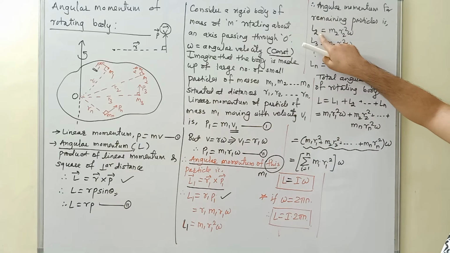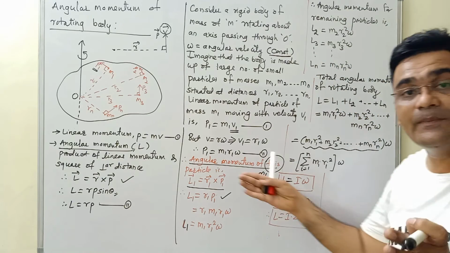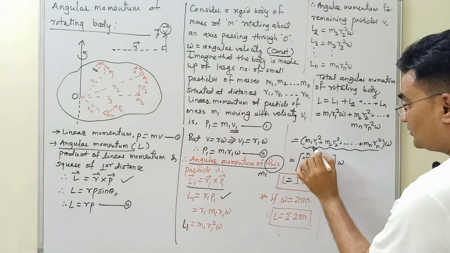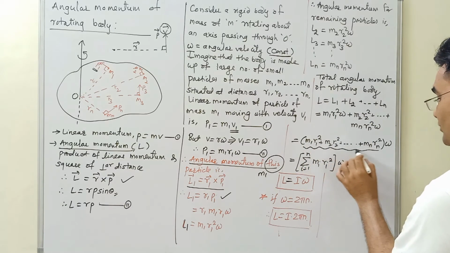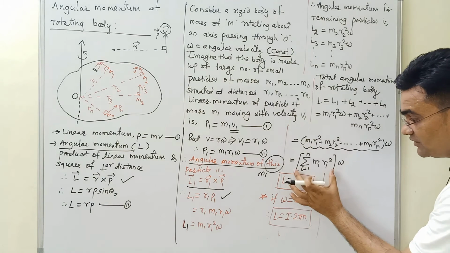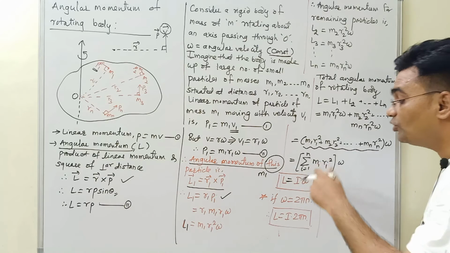For the remaining particles L2, L3, Ln, we can find out similarly. Total angular momentum will simply get added. So it will be m1 r1 square plus m2 r2 square up to mn rn square, into omega. The term in the bracket is the summation of mi ri square from i equal to 1 to n.